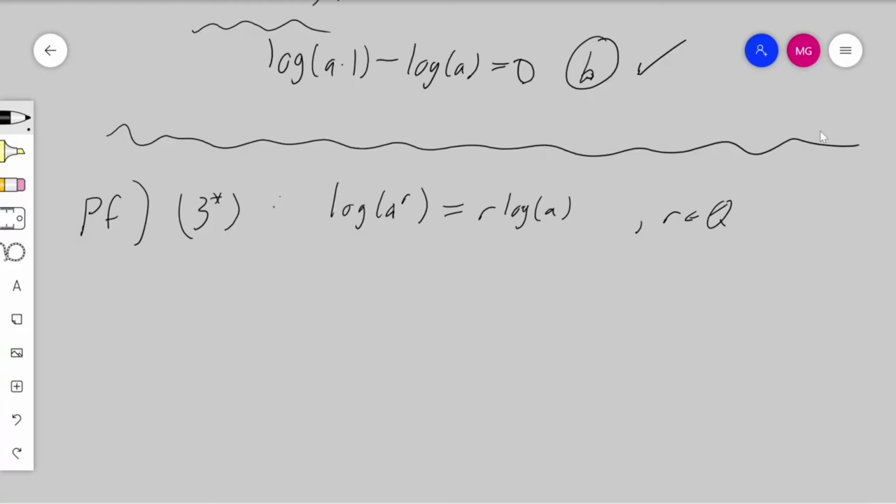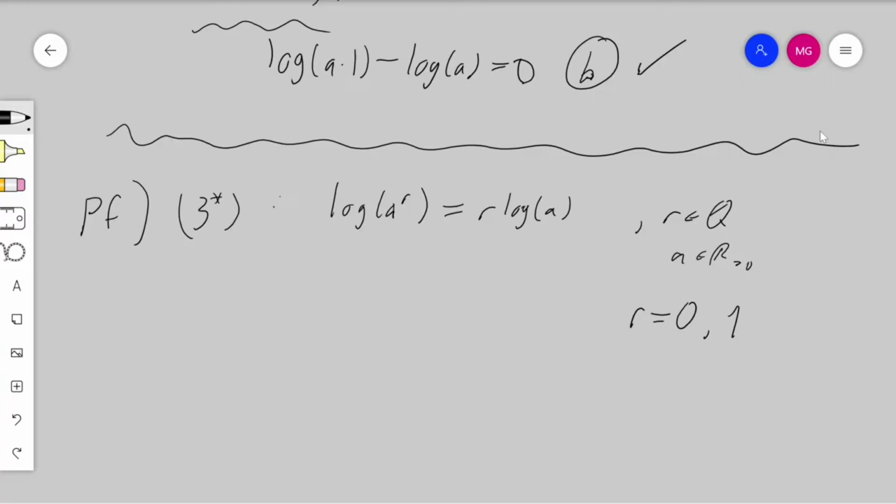And of course a is still any positive real number. Okay, and so the way we're going to prove this is, we're only going to prove it for certain cases. First of all, let's take a look at a few obvious cases. r equals 0 and 1. In the case of r equals 1, this is trivial. And in the case r equals 0, you can just see that a to the power 0 is 1, and we know that log of 1 is equal to 0.